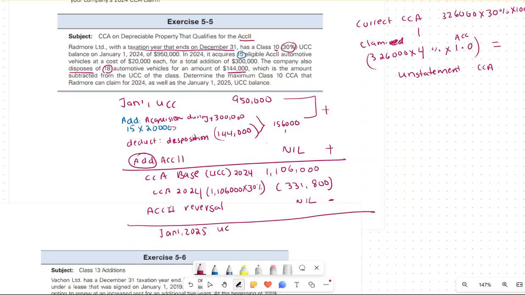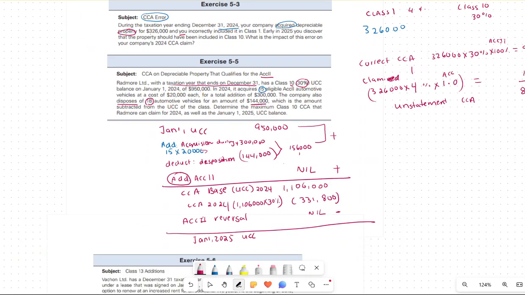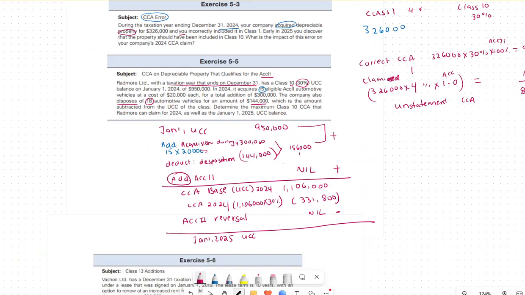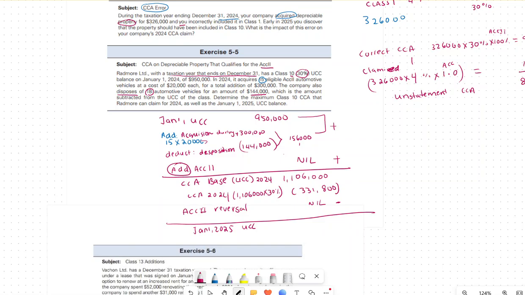My UCC balance will be 774,200. So that's what you will be starting with. On January 1st, you will be starting with a balance. And what is that balance? 774,200. So that's the balance.